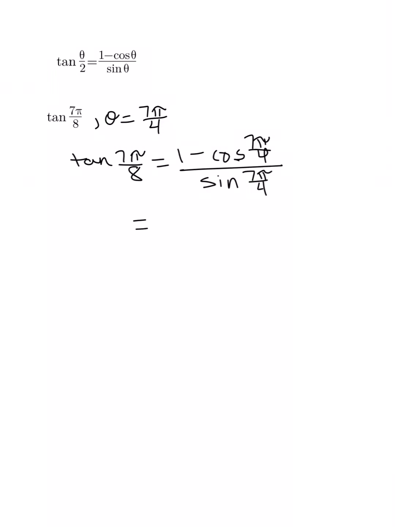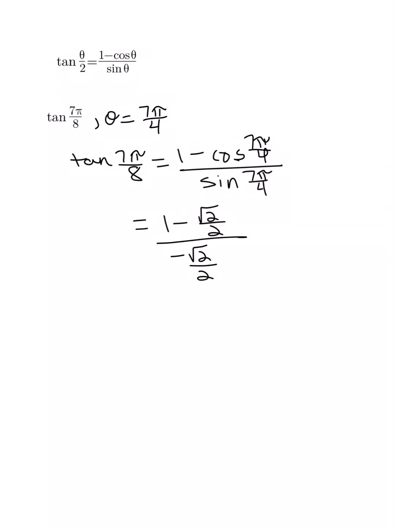We're going to use our unit circle and find our values for cosine and sine of 7 pi over 4. So we're going to have 1 minus the cosine of 7 pi over 4 is positive square root of 2 over 2, over the sine of 7 pi over 4 is negative square root of 2 over 2.